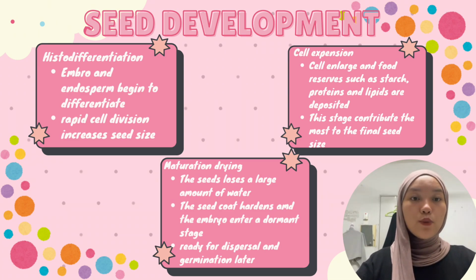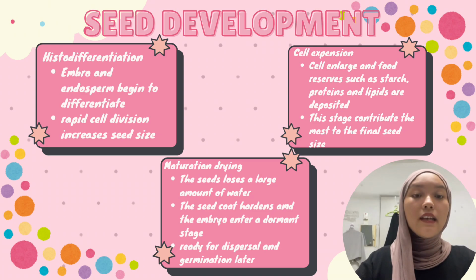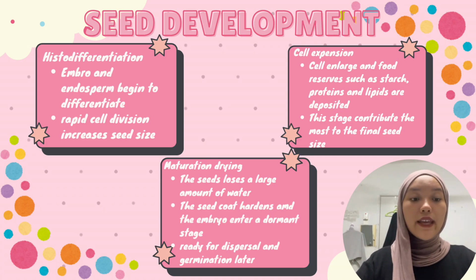The first one is histodifferentiation. In the histodifferentiation phase, the embryo and endosperm begin to differentiate through rapid cell division, which significantly increases the seed size.